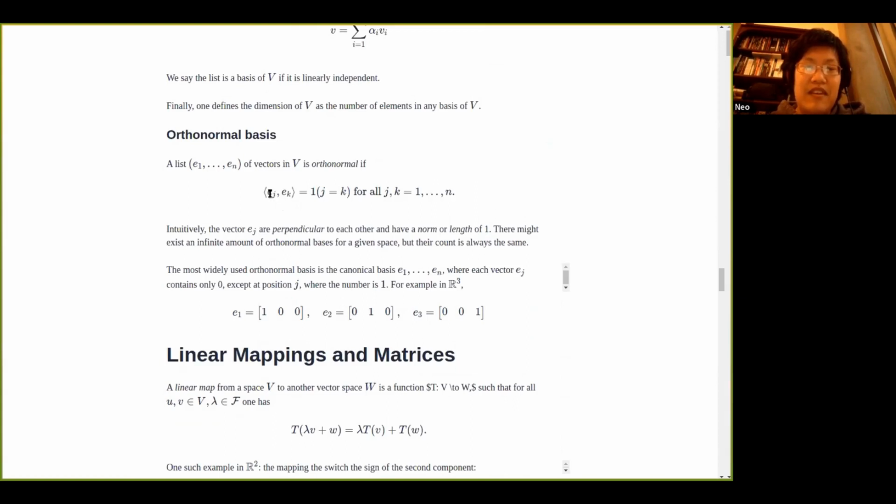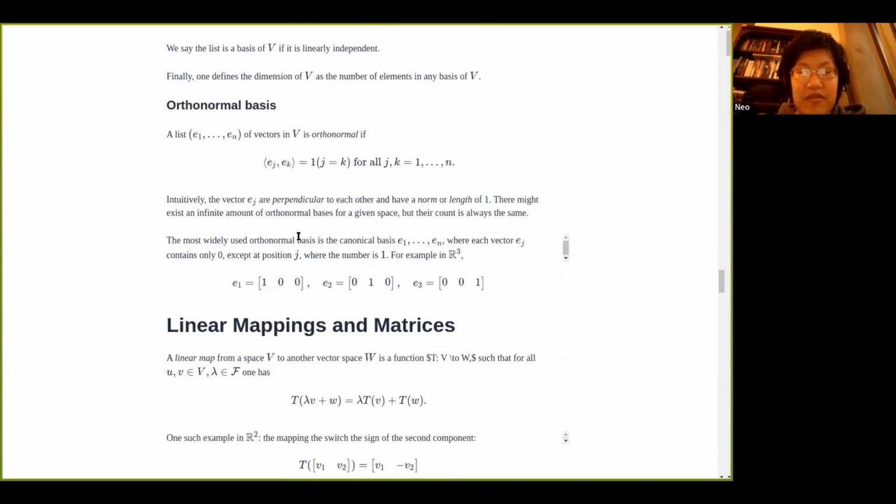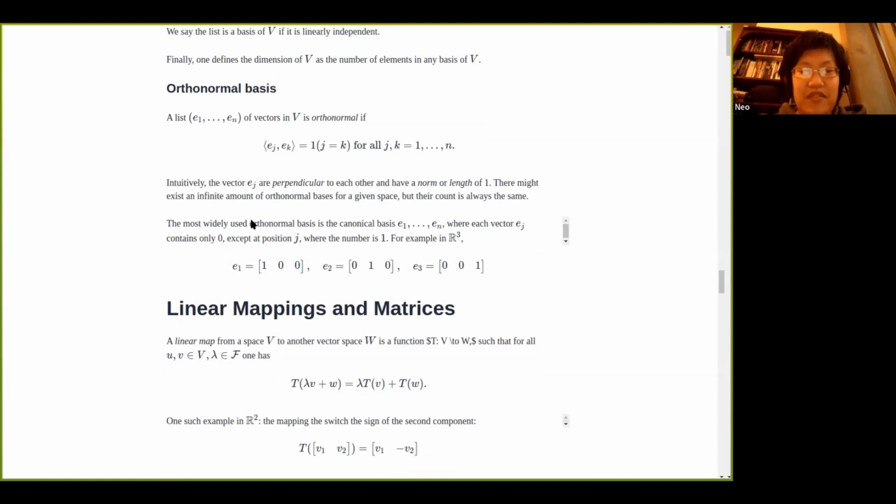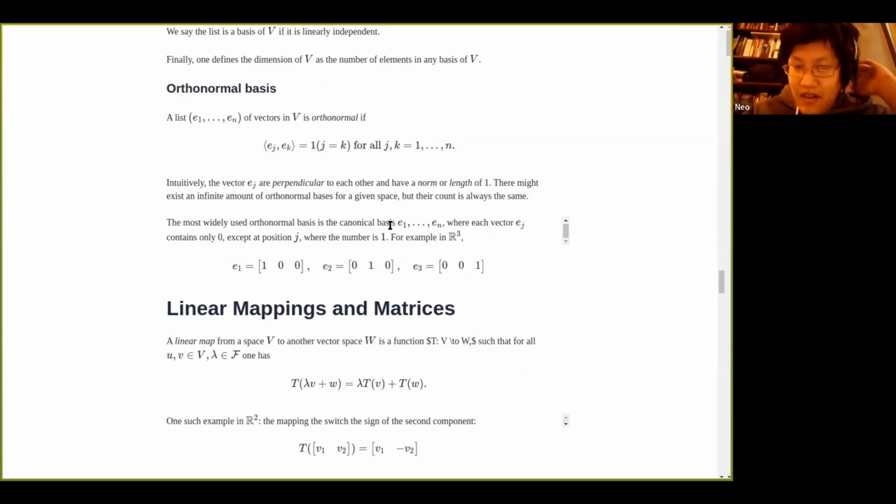That is, if you take the list e1 to en, the product is equal to 1 only if the 2 indices are equal. The most famous one, and the one that we use most often, is the canonical basis, which is just 1, 0, 0; 0, 1, 0; and 0, 0, 1, which is the usual basis we use for representation.